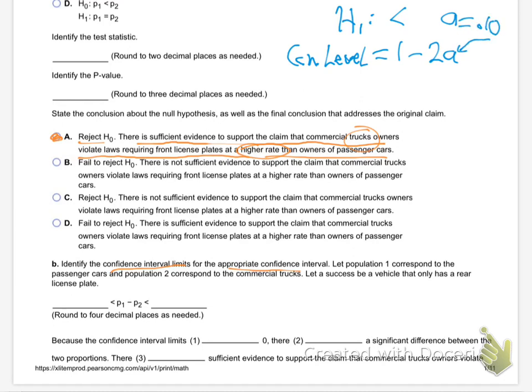So plug in the 0.10. So the C level is 1 minus 2 times 0.10, which is 1 minus 0.20, which is 0.80. So it's an 80% confidence interval. So come down here, we're going to do an 80% confidence interval.